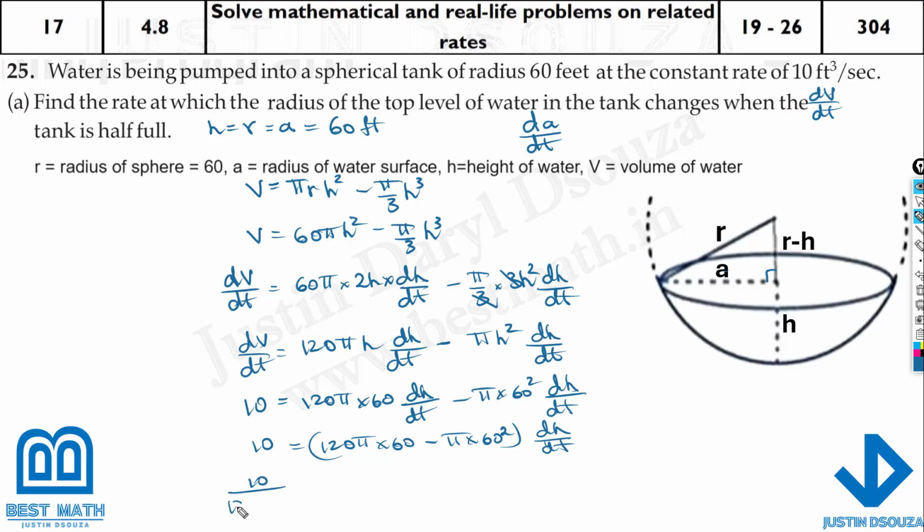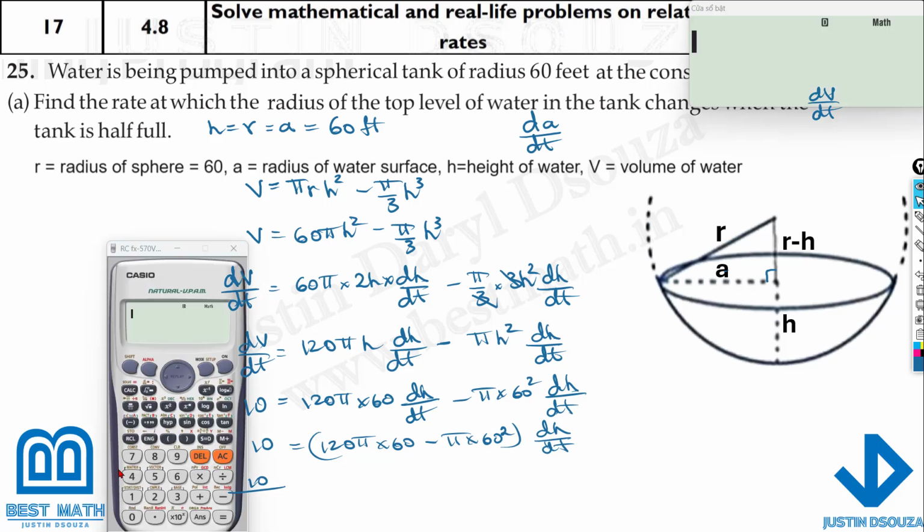10 divided by 120. So you can just simplify these. So what is 120 times 60, I'll just use a calculator here. Here we will just multiply 120 times 60, that is 7,200. And here we have 60 squared, that is 3,600.